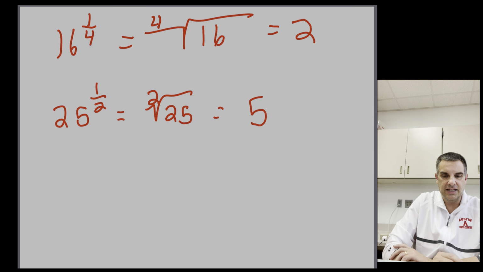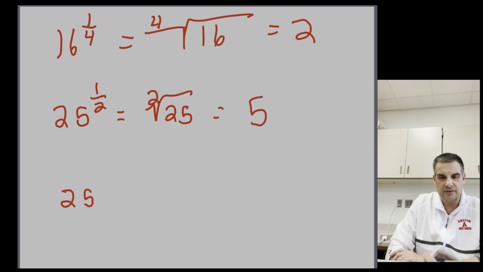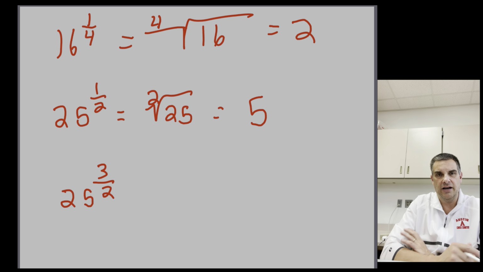Well, now let's say that we want to find 25 to the 3 halves. Uh-oh. So 25 to the 3 halves, that 2 has got to go out front, because if we look at what we did up top, that 2 is our root.